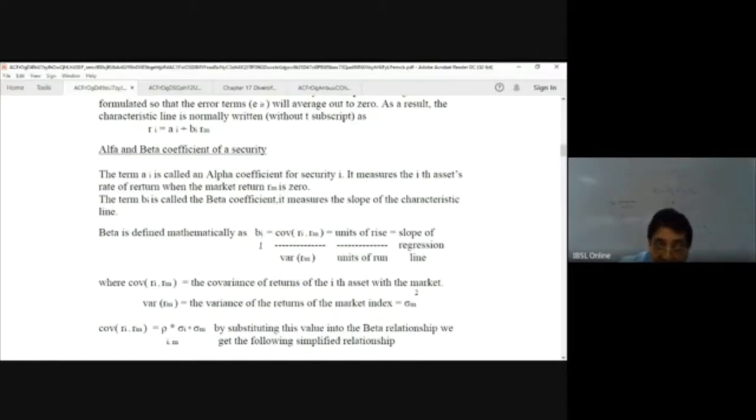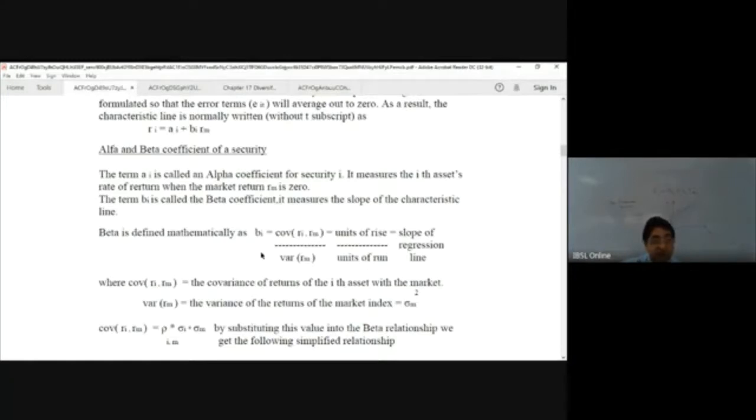Because when you talk in terms of beta, we need to check the covariance between the stock return and the market return, and we will compare it with the variance of the market return.